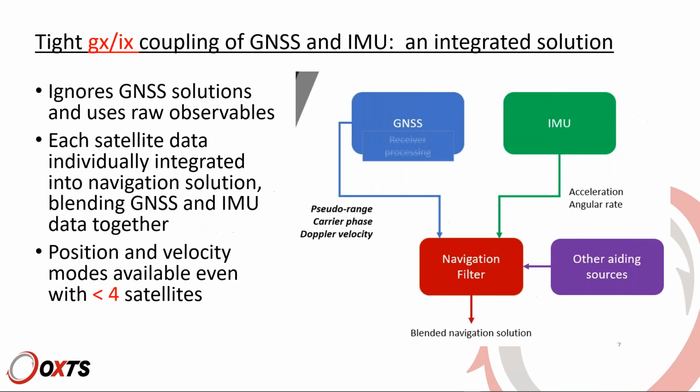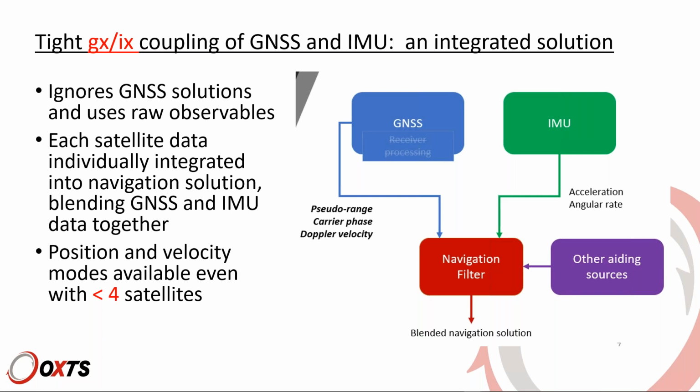The tight coupling. In this case, you have a proper one integrated solution. What GX-IX does is ignoring the receiver's solution and relying instead on the raw observables, so pseudo-range and Doppler velocity data from the satellites.